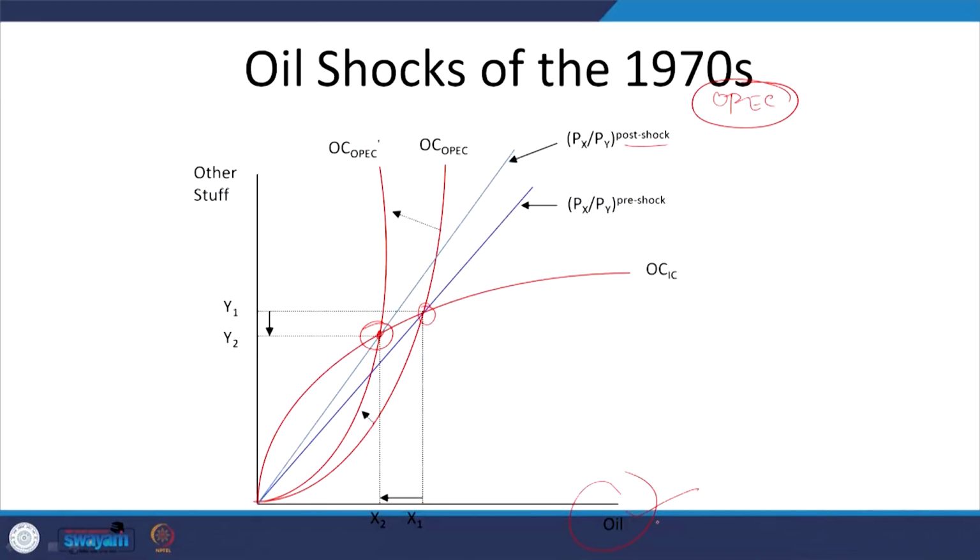Similarly, just the reverse, instead of OPEC, take any product where the country is very large, like India and China. Especially in hardware manufacturing, India is the largest importer, whereas in the software segment we are the exporter. If India imposes a tariff on hardware and is able to demotivate imports in the world market, it can reduce the prices.